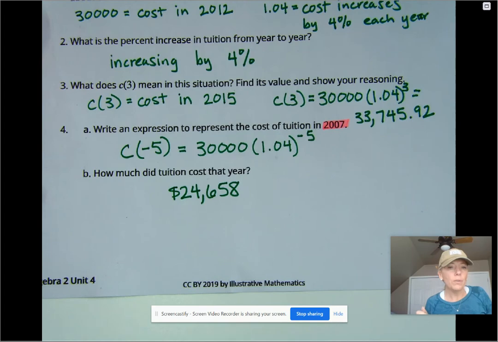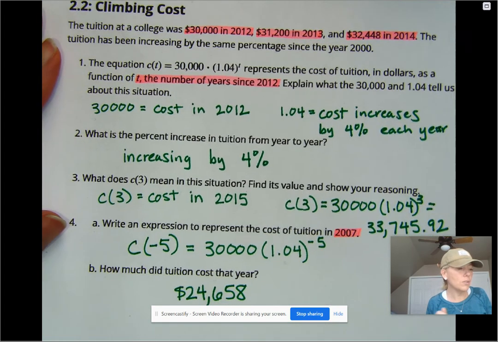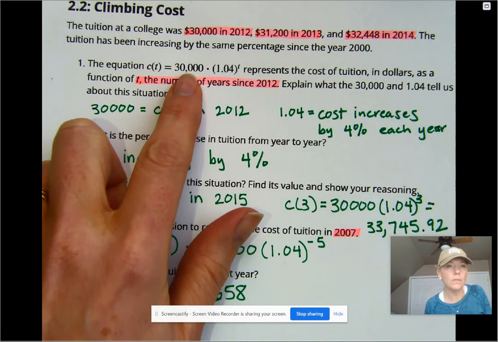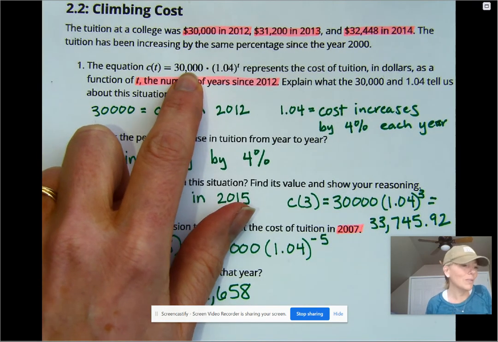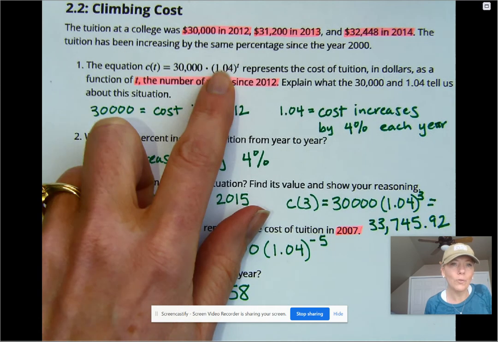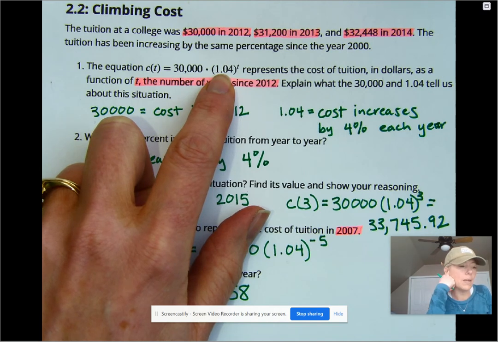And so it's just important to remember that the equation that was given to us represented the cost in 2012. The 1.04 shows us that the cost is increasing by 4%.